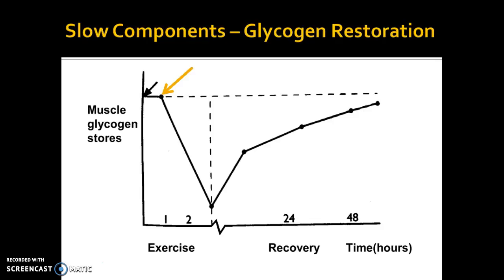So eat 300 to 400 calories of carbs straight after exercise, and eat 300 to 400 calories of carbs within 2 hours of completing the exercise to try and aid the restoration of muscle glycogen stores.